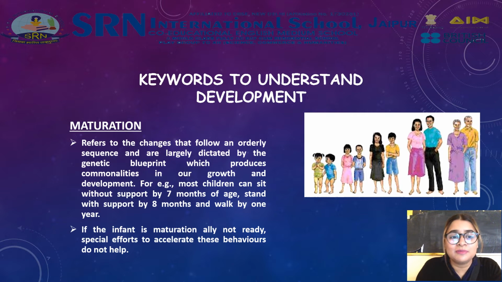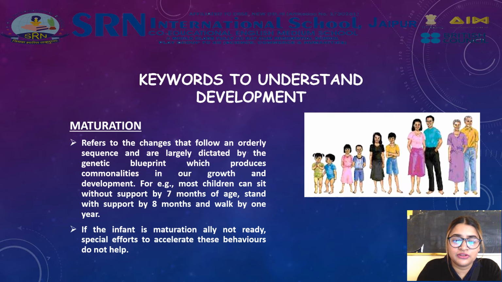Now, maturation basically, if I tell you in a simple language, it means that a child or an infant or anyone will follow an order or a sequence in changes. For example, change will occur in a series.